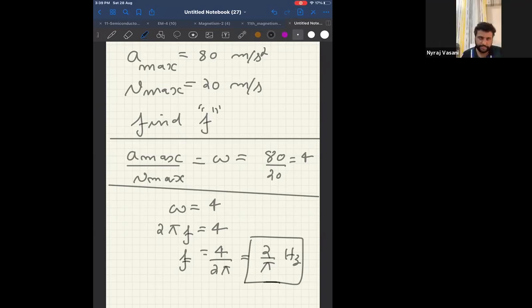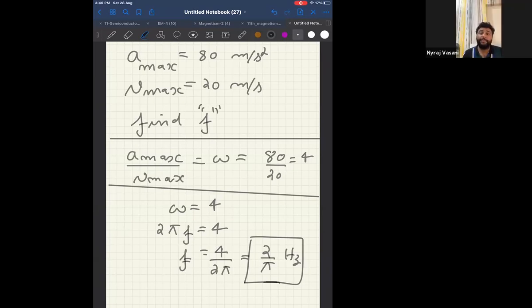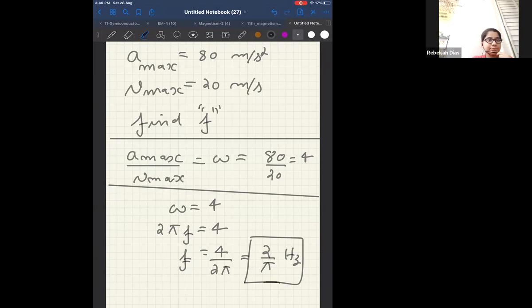Yes, you can do that. Then you'll get 0.8 something. Getting it? All of you? Sir, in the place of pi, I put 180. Don't put 180, because that is pi radian. Here you're not talking about degree and radian. Here you're just talking about pi as 3.14. Okay, sir. Thank you.